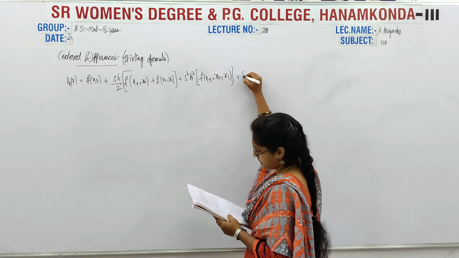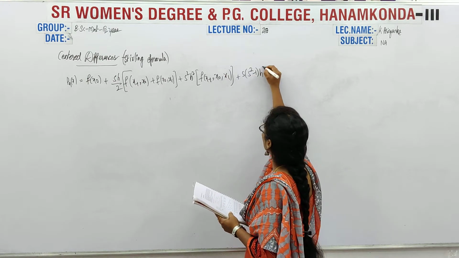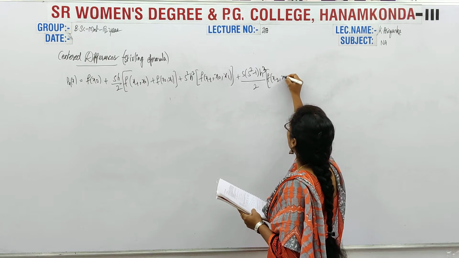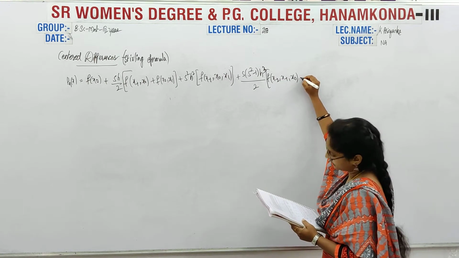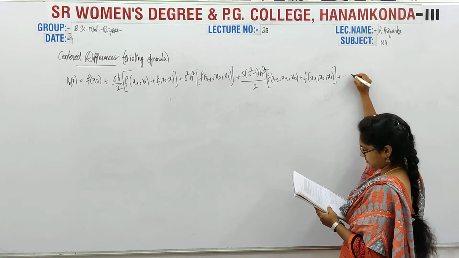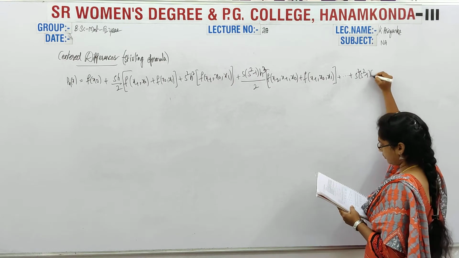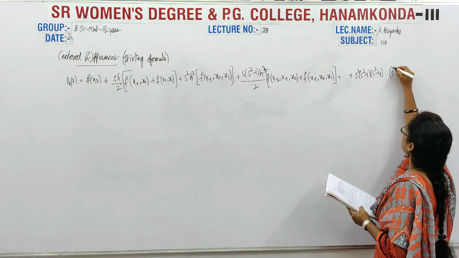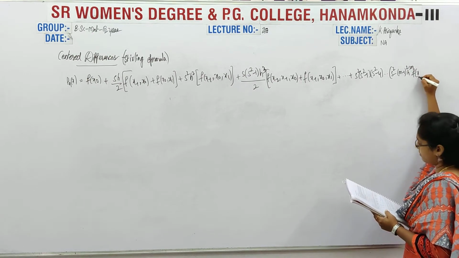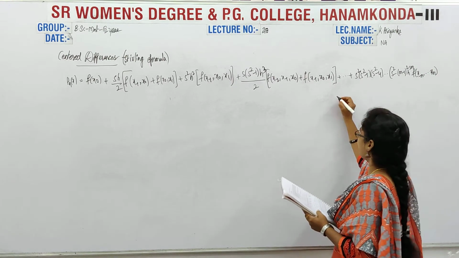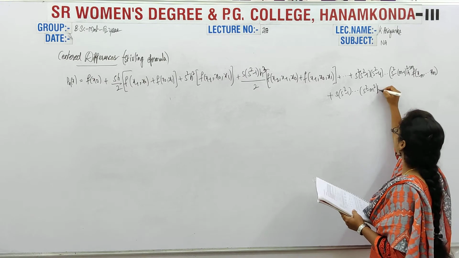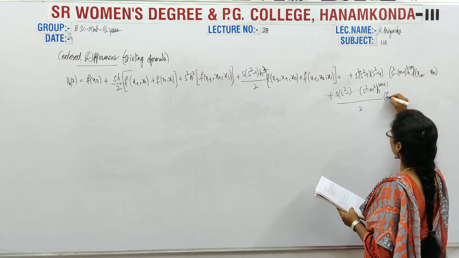Plus s into s square minus 1, h cube by 2, into f of x minus 2, x minus 1, x naught, plus and so on, s square into s square minus 1, s square minus 4, and so on, s square minus m minus 1 whole square, into h power 2m f of x minus m up to xm, plus s into s square minus 1 and so on up to s square minus m square, h power 2. Write it as it is, I will explain.